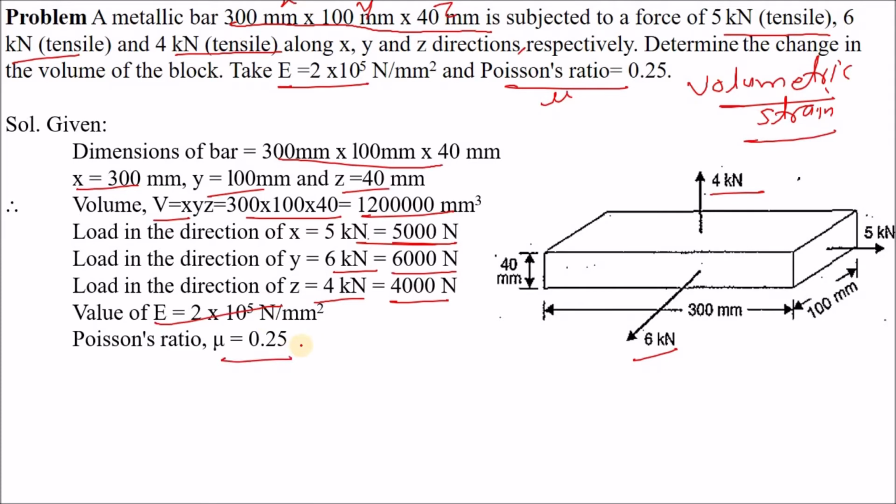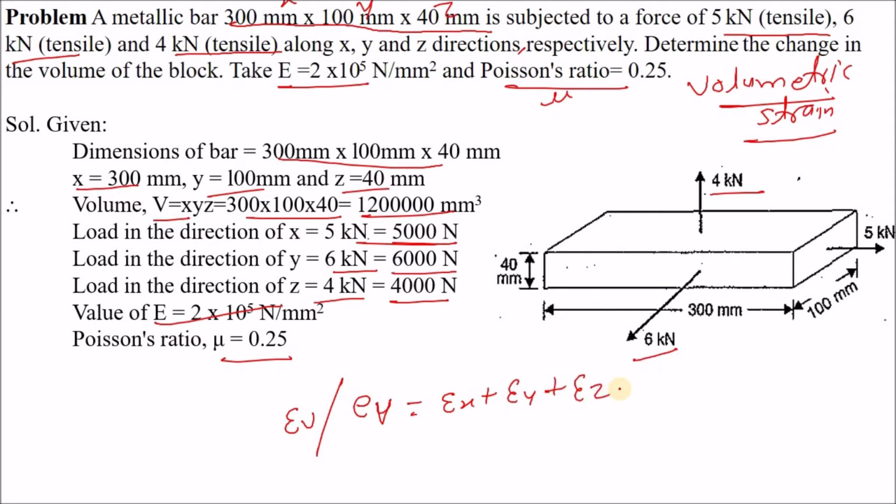Let's solve the problem. For volumetric strain, we know one formula, e_V, or in some books you will find it written differently, that is not a problem. It is equal to epsilon x plus epsilon y plus epsilon z. This is a simple formula.